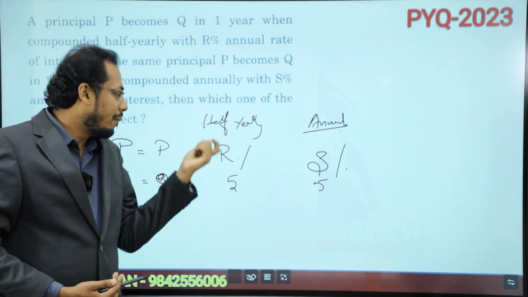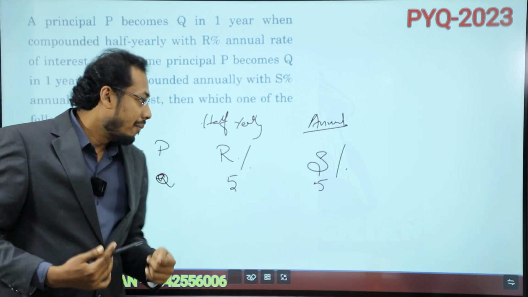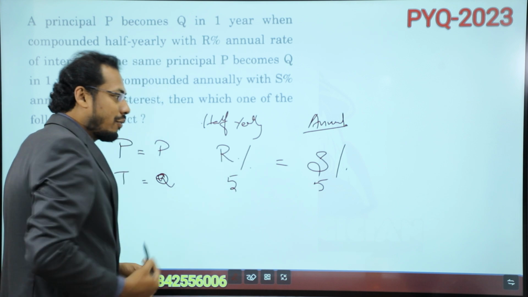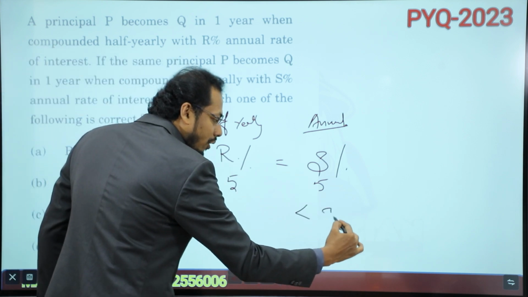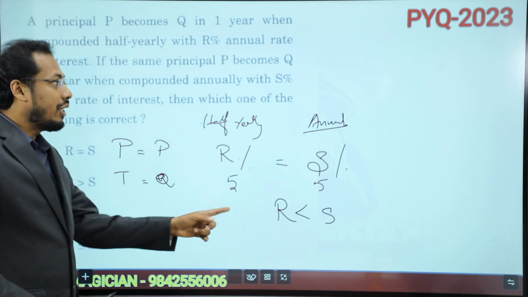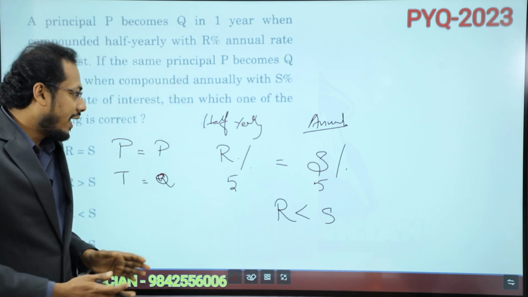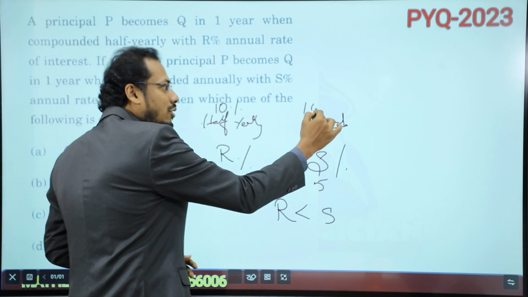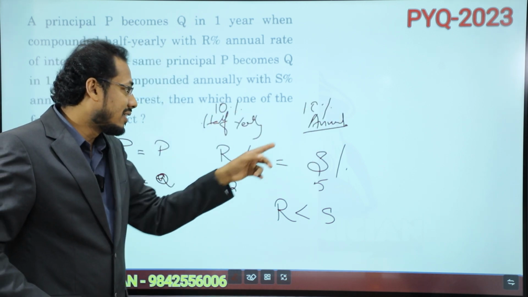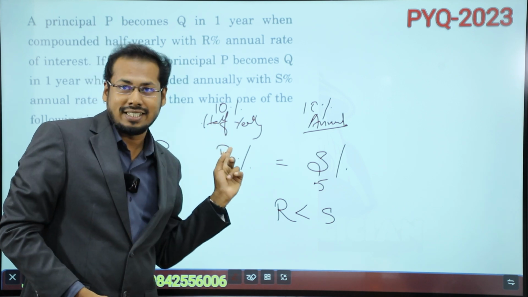Compounded half yearly will give more. But I need both amounts to be equal, so automatically this rate should be more than R, then only the amount will be same. If you take both numbers the same, if this is 10% and this is also 10%, what happened? This is 10%, this is 10.25%.